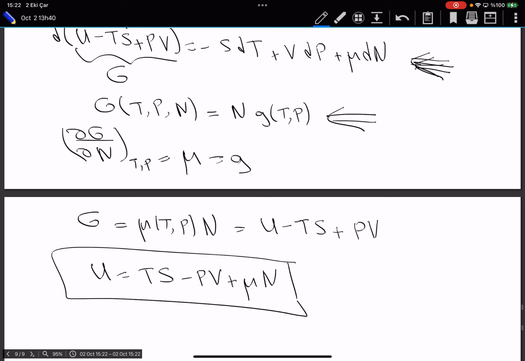Again, this is valid for every macroscopic system. And the only thing I use here is the existence of these functions. There are such state functions, and that U, S, V, and N, they are all extensive quantities.